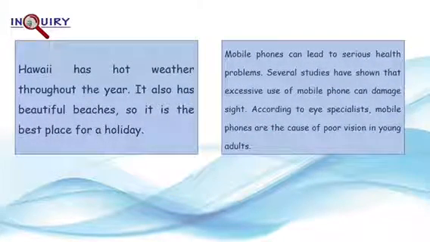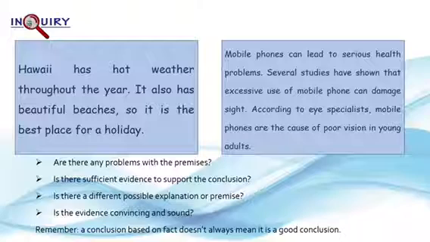Let's go back to the statements that we have read previously. Now, if you want to evaluate these arguments, you might want to ask, is there sufficient evidence that the writer has given for Hawaii to be a very beautiful place? For example, the second example about mobile phones.